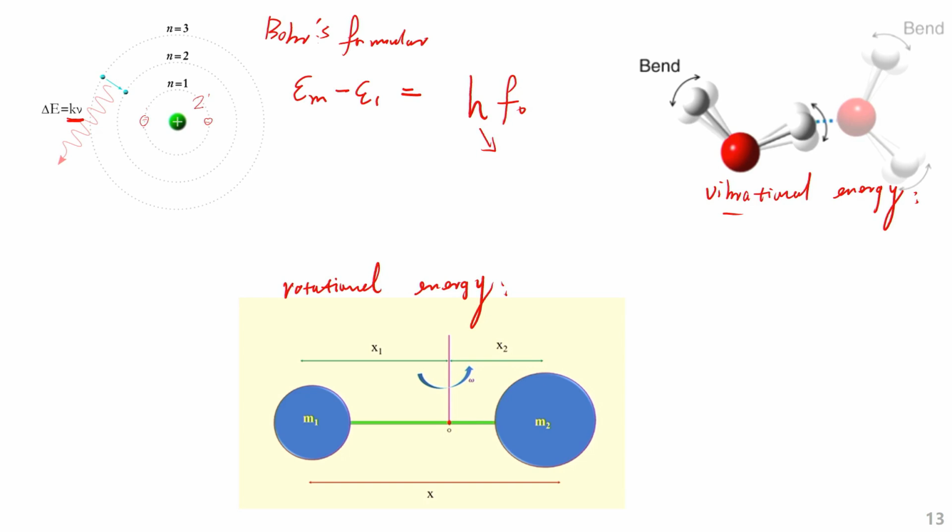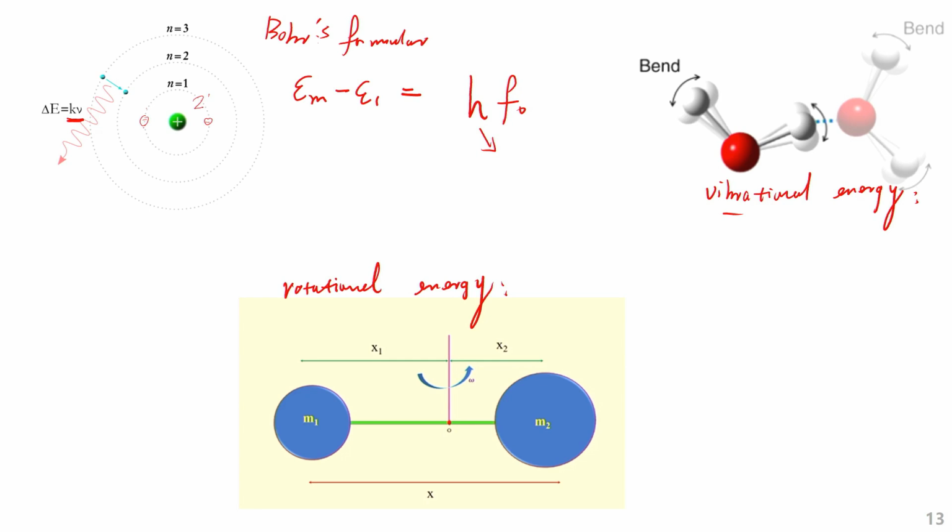The vibrational energy is also quantized, and when a molecule absorbs energy that lies in the infrared region of the spectrum, it can undergo a transition between vibrational energy levels.